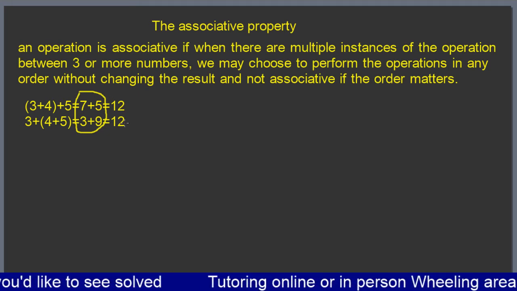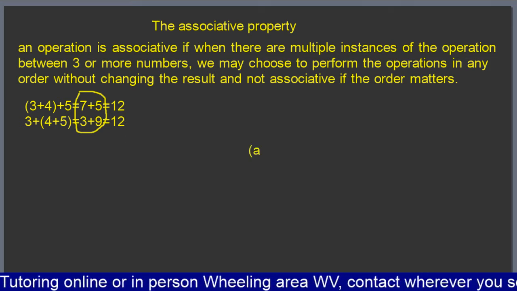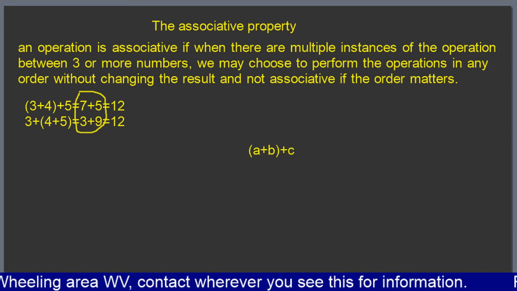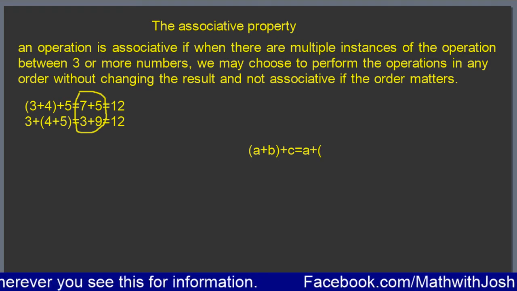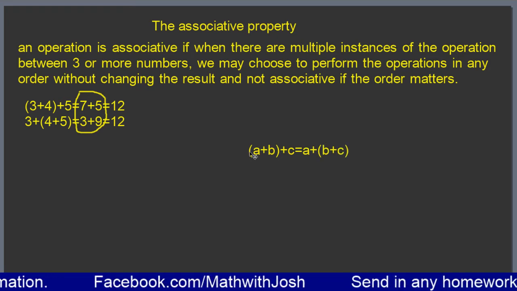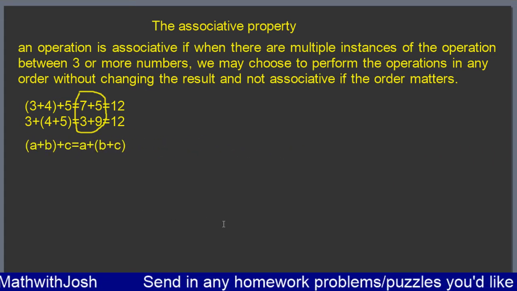That's an example. And in general, you can remember that (a + b) + c equals the same number as a + (b + c). And so that's what an associative operation looks like.